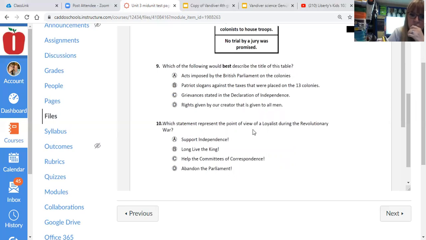Loyalist: support independence, long live the king, help the committees of correspondence, or abandon the parliament? Okay, moving on.